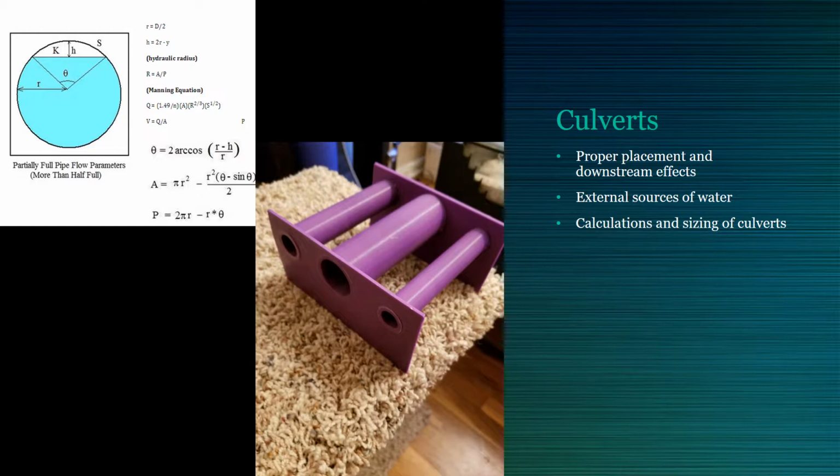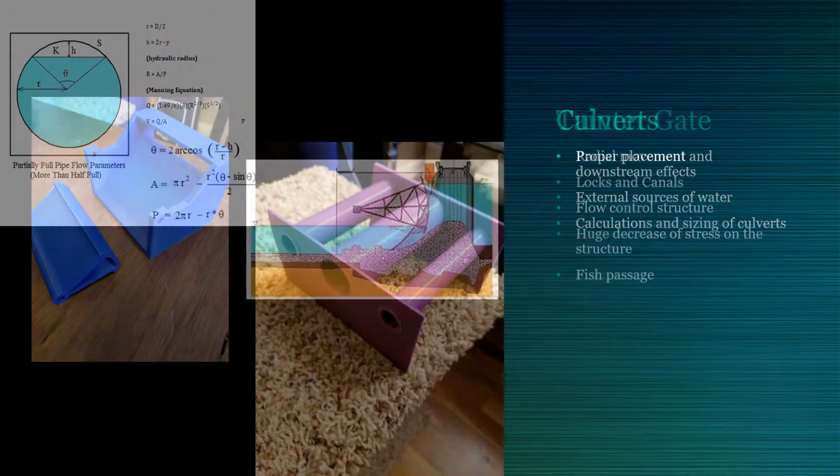We also use this to show external sources of water coming into a river and how that affects the downstream position from where the water is entering. And again, with every one of these hydraulic structures, it's proper placement. You have to make sure that you're not affecting the health of the river. You have to understand the geomorphology of what's going on, and we can do this simply in a stream table.